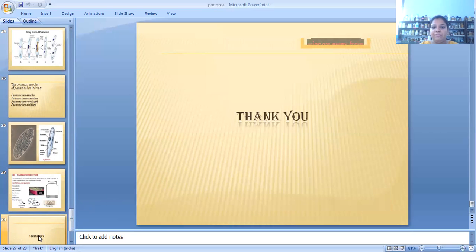I hope you all are very much clear with the practical of microscopic observation of the various protozoa. Here we have discussed three major protozoa, that is amoeba, plasmodium and paramecium, right? There are various protozoans, but for your syllabus, it's fine if you study these three, amoeba, paramecium and plasmodium.